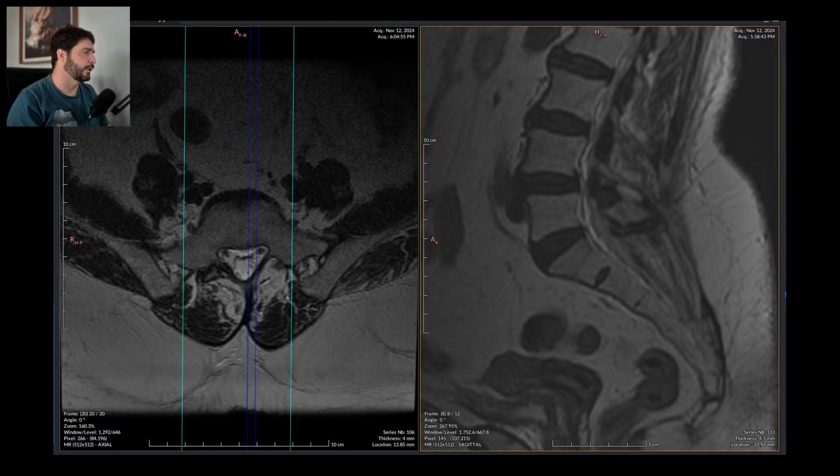And we have L1, L2, and L2, L3 protrusions. And we also have L3, L4 foraminal protrusions.